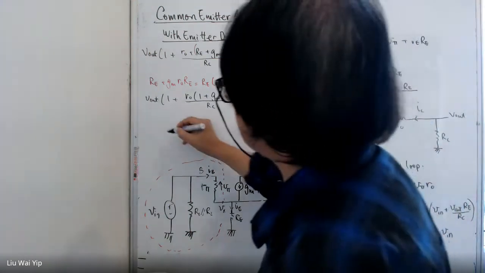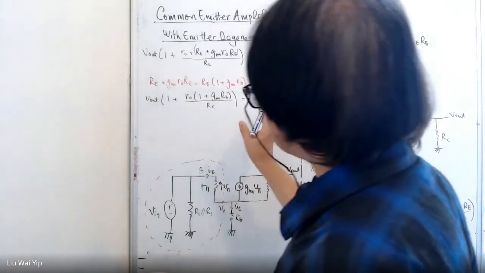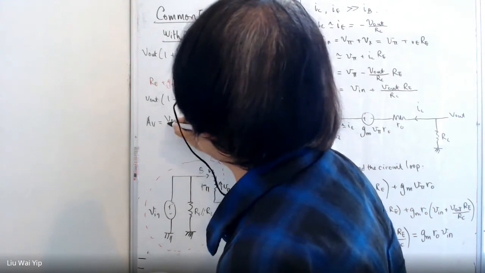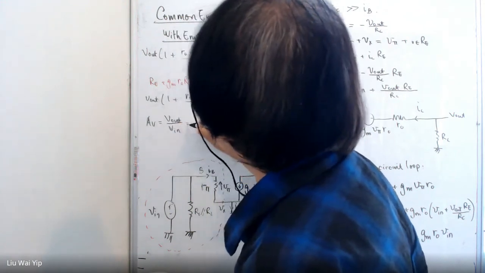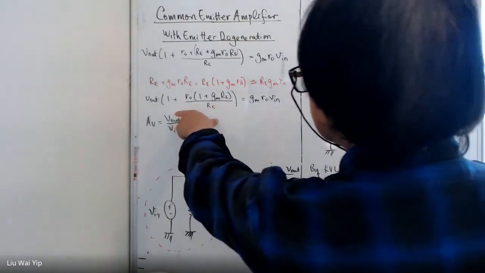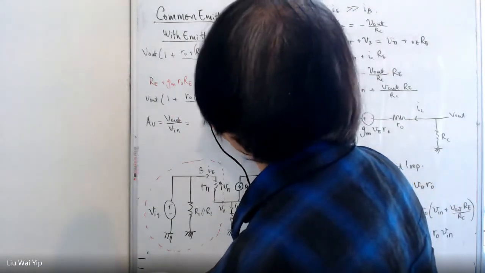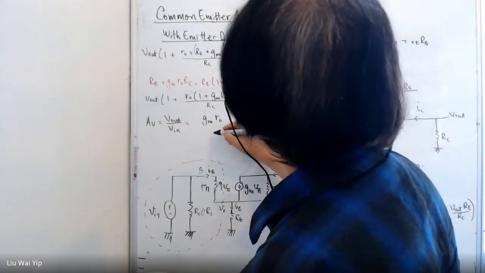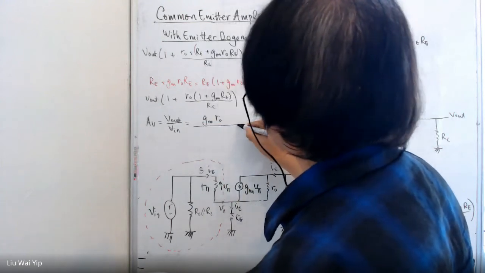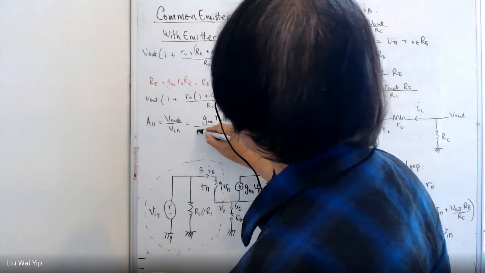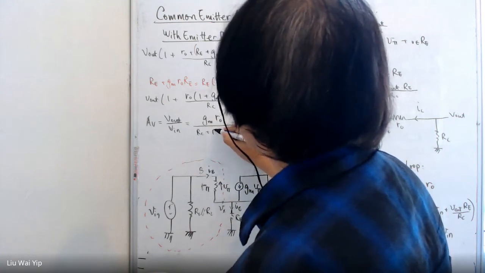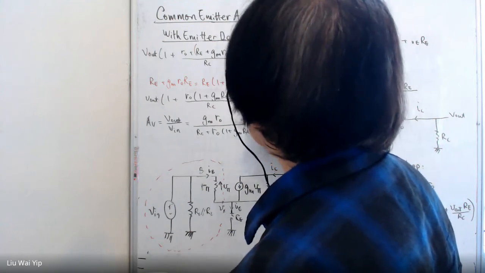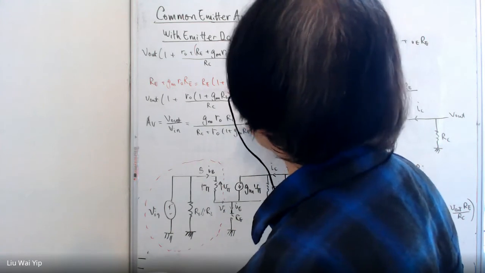What we need to do is extract the voltage gain from this expression here. So the right side of the equation and r0, and we have this one, RC plus r0, RE, and this RC is going to be here.